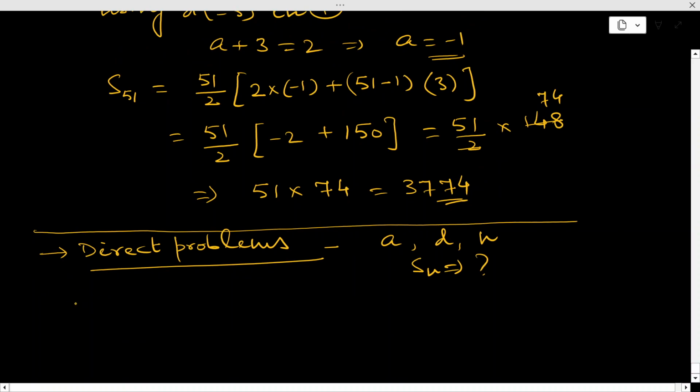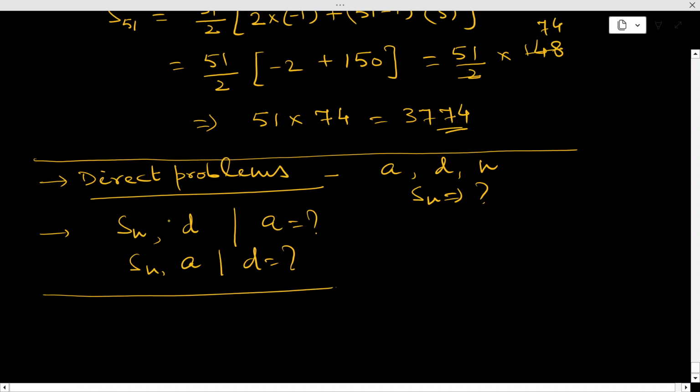And sometimes we are having some problem where either we are having Sn, we are having D, and we have to determine the value of A, or we are having the value of Sn, we are having the value of A, and we have to find out the value of common difference.